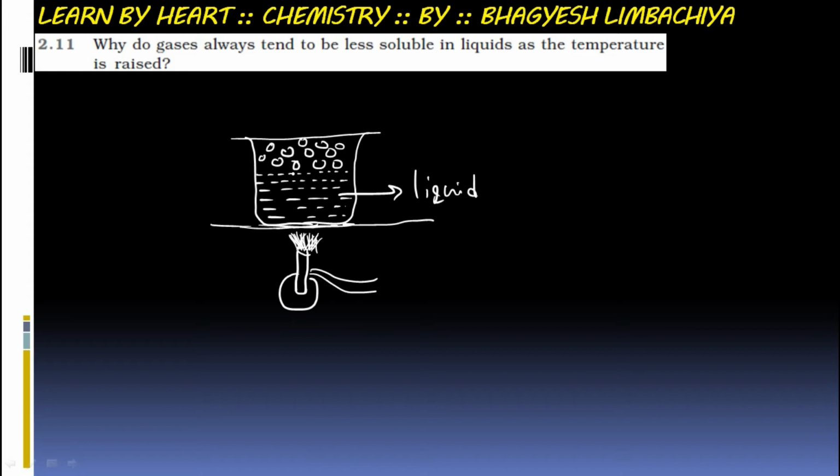Whenever temperature is increased, the kinetic energy of the gaseous molecules as well as liquid molecules will increase. So at that time the gaseous molecules will escape out from the solution and it shows low solubility at high temperature.